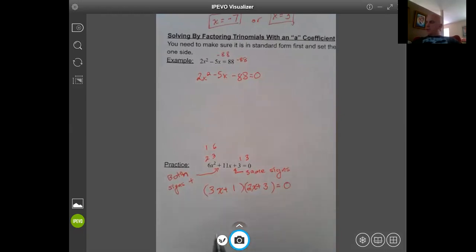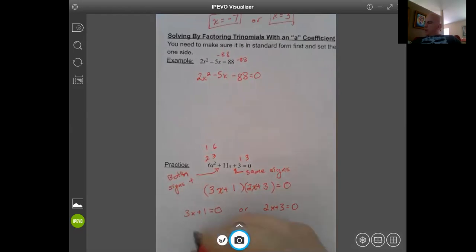We're factoring to solve. So now I need to actually split this up into the two equations. So 3x plus 1 could equal 0, or 2x plus 3 could equal 0, if by multiplying them together they equal 0. So I'm just going to solve both as two-step equations.